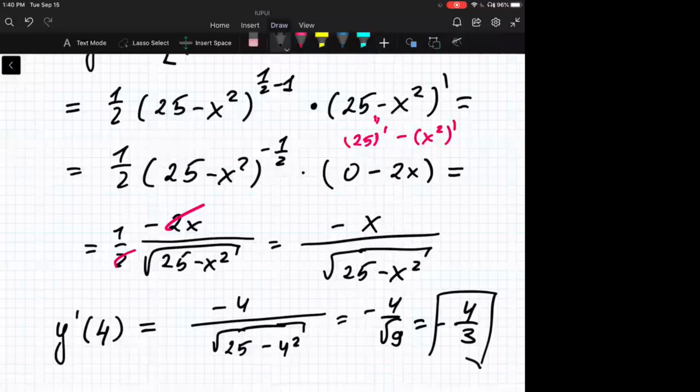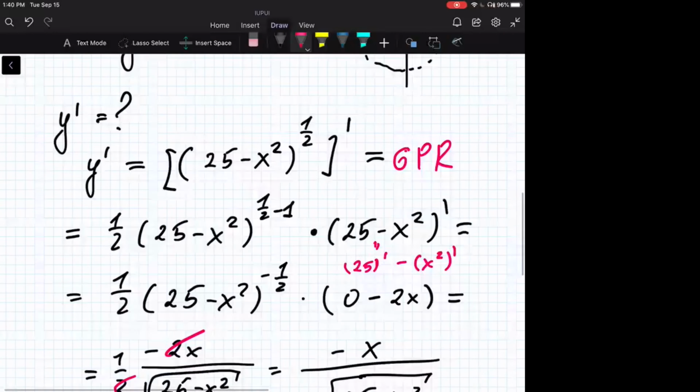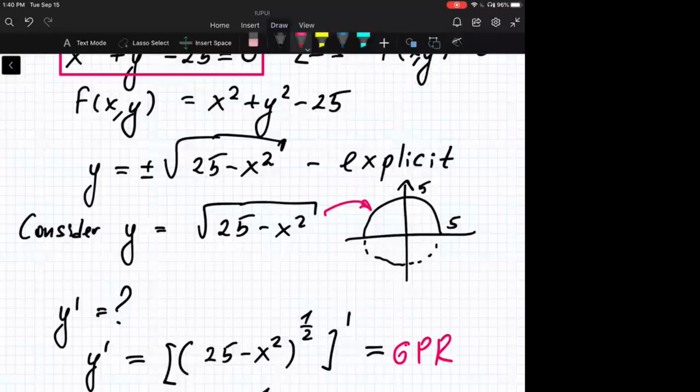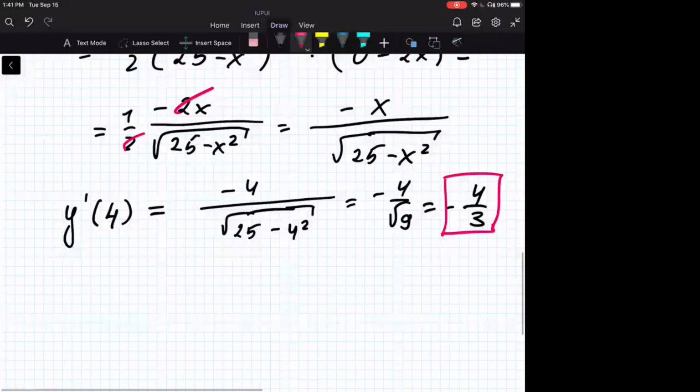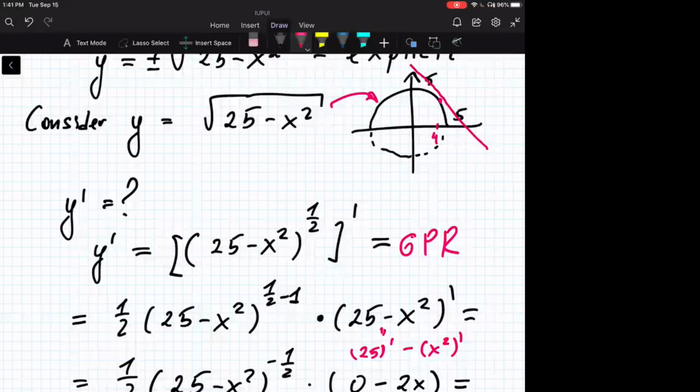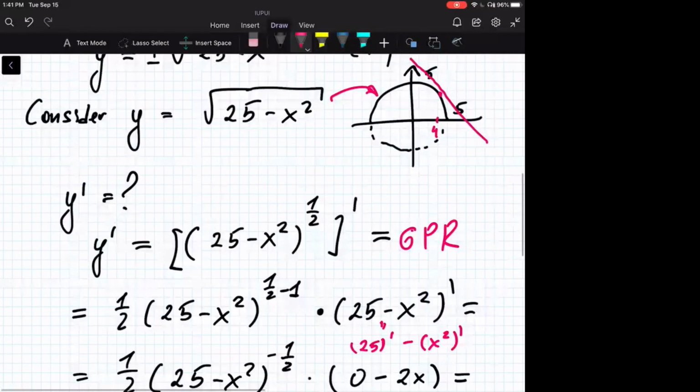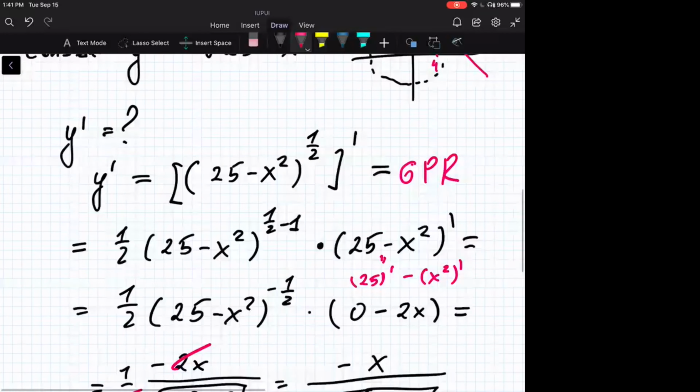And this is the final answer. This is the way you can calculate the slope of the tangent line of the circle at x equals 4. So somewhere here is x equals 4, and this is the slope of this tangent line. It's negative, that's why it's going from upper left to the lower right.